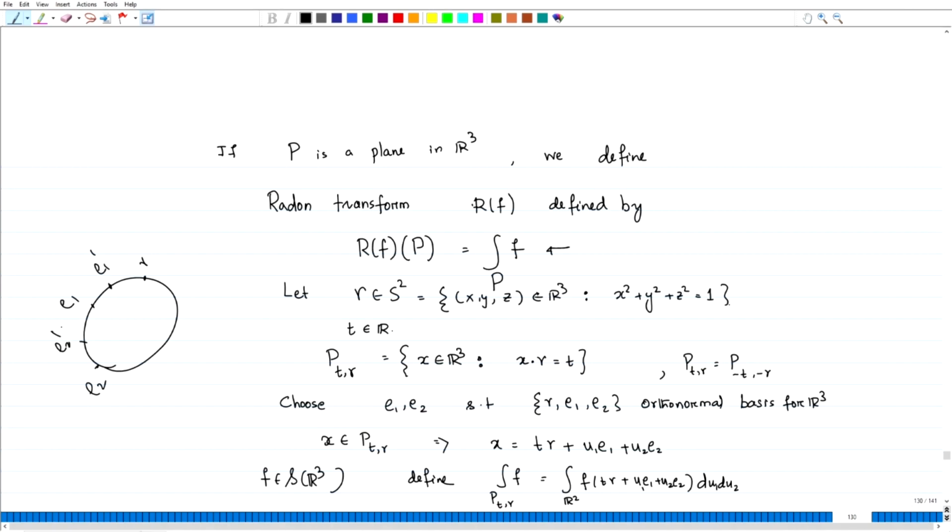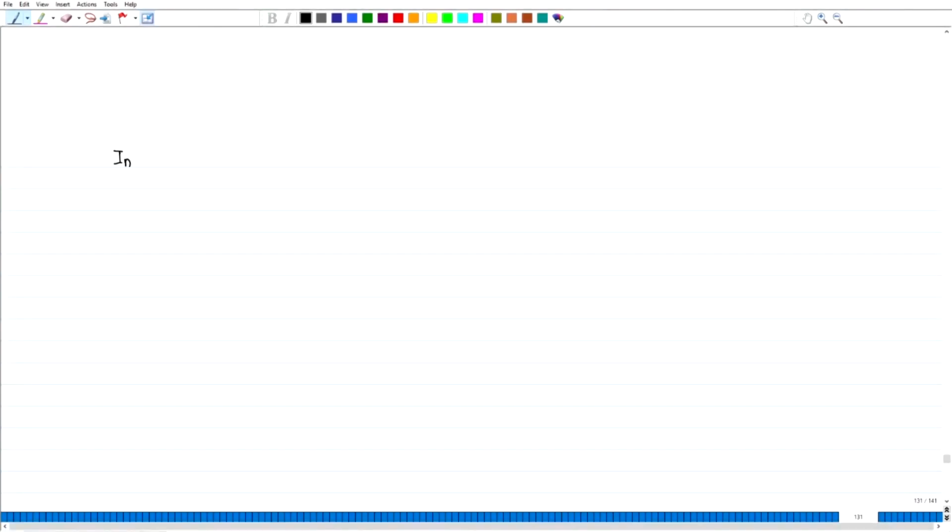Then why is this integral over P(t, gamma) going to be the same for any choice of the orthonormal basis? We need to show that the integral is independent of the choice of basis.